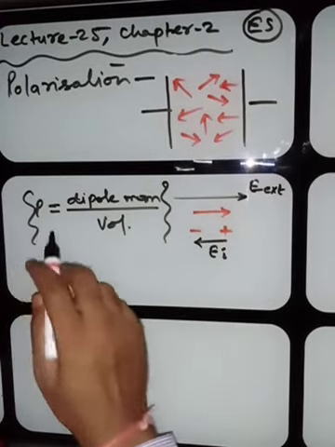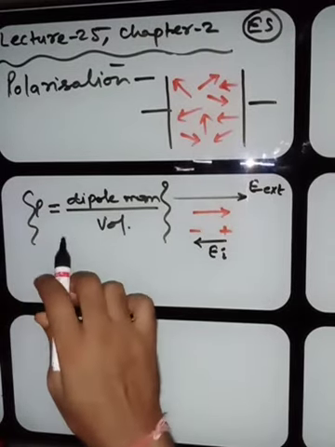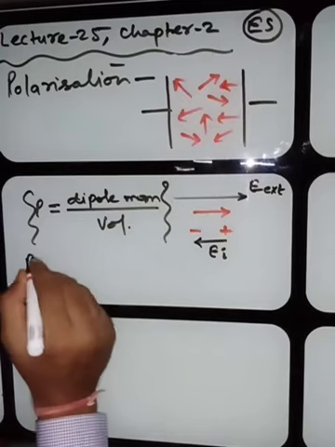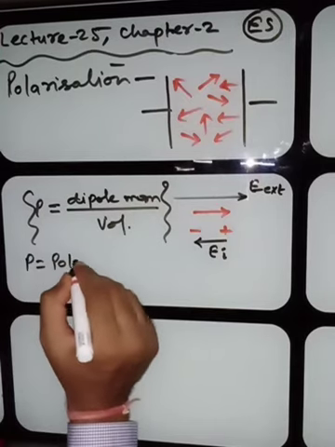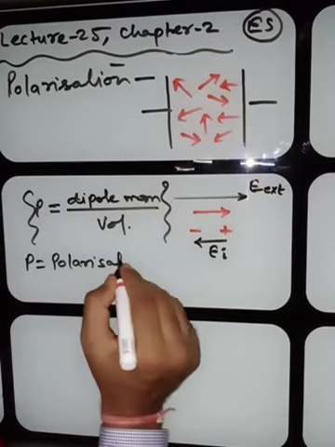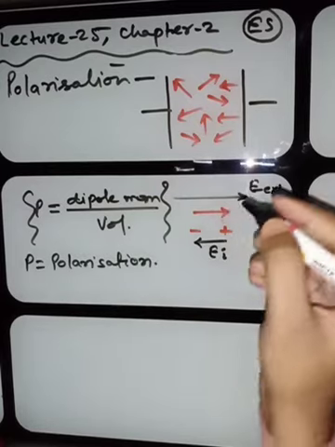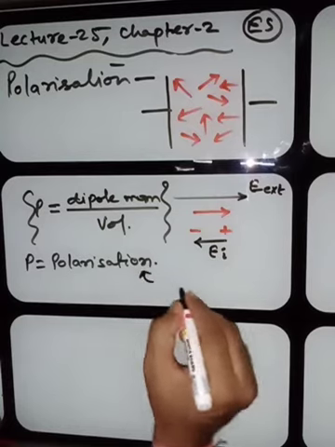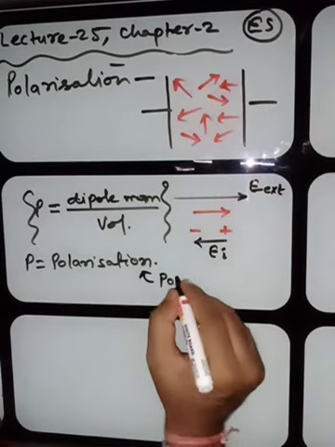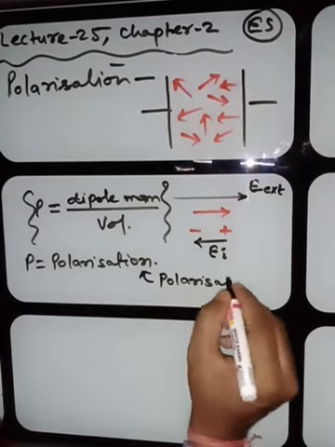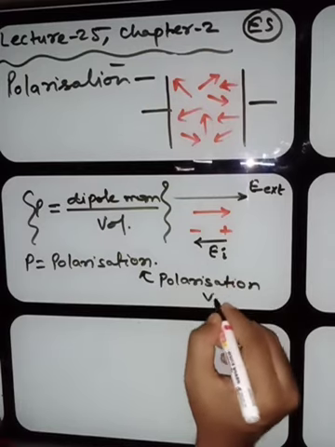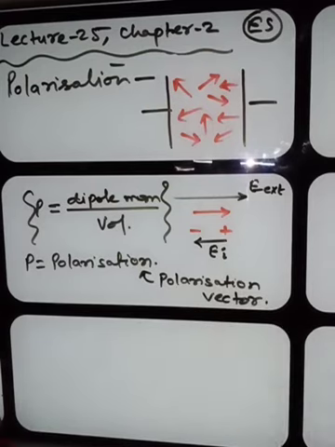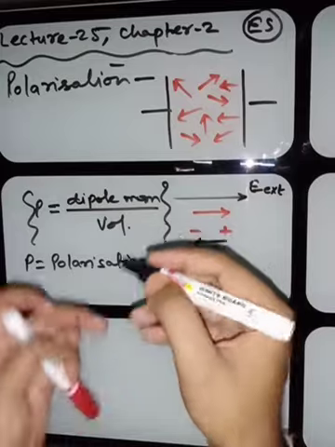Here I am using P for polarization. Sometimes it is also called the polarization vector. This can also be written as such in some books, polarization vector. Don't be confused. Okay, this is the polarization vector.